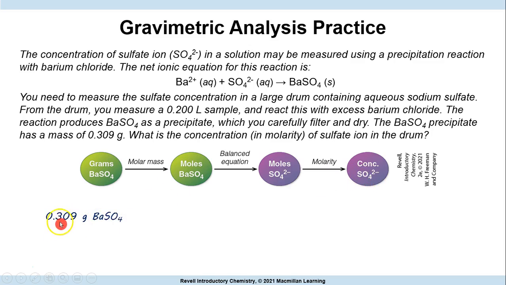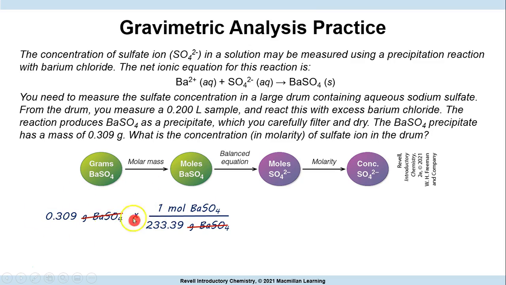So we have 0.30 grams of barium sulfate. So we are going to use the molar mass of barium sulfate to determine the number of moles. So the molar mass of barium sulfate is 233.39 grams per mole. So the barium sulfate grams cancel and we are left with moles.